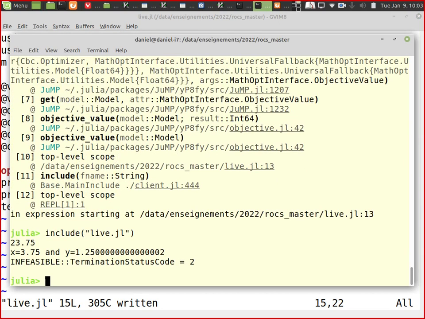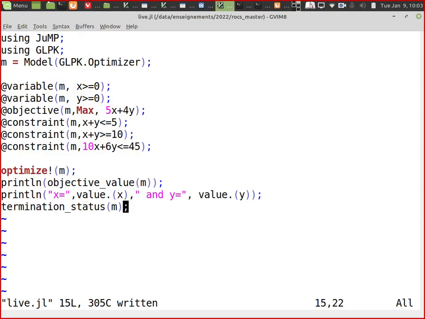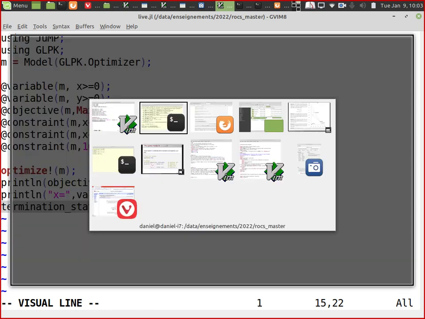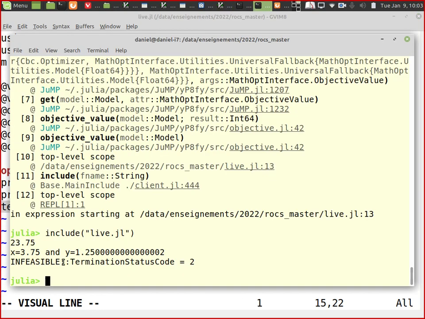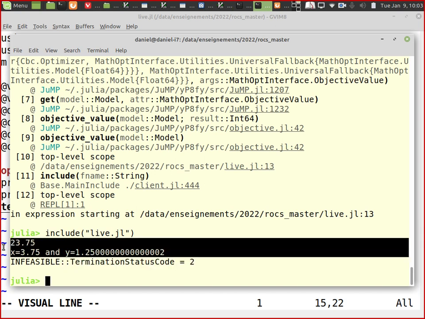You see, this is the code that gives me this solution, okay? But if I ask it to give the termination status of the solver, the termination status is infeasible. Basically, it tells me that the solution it has just printed is infeasible.